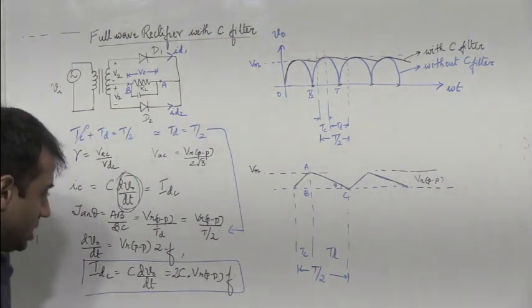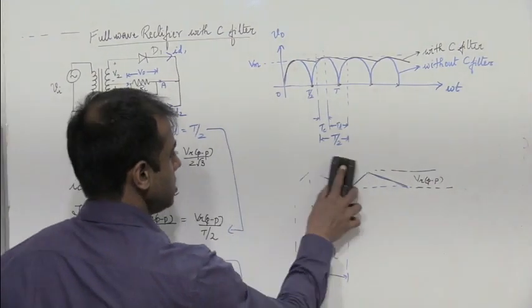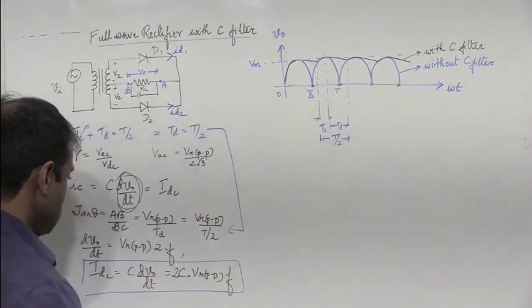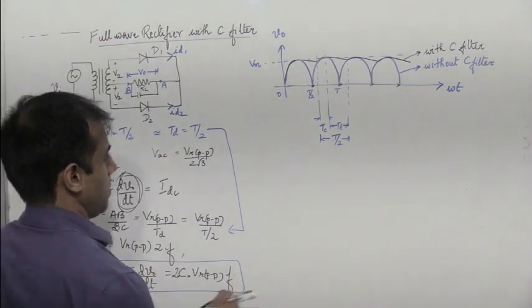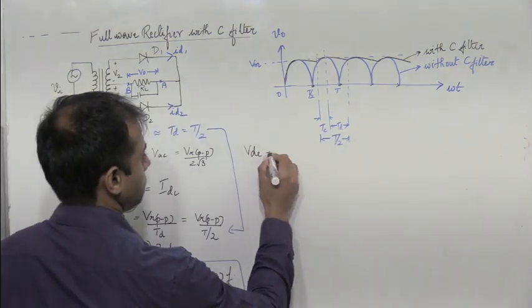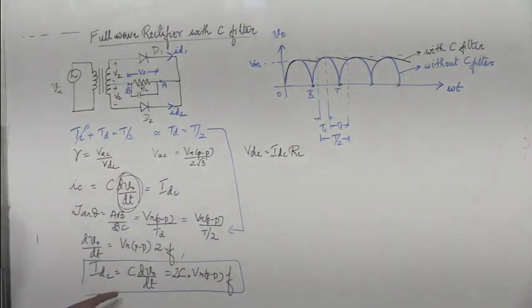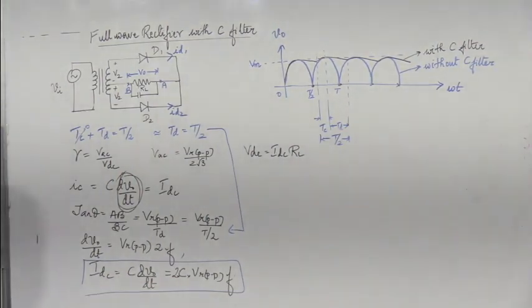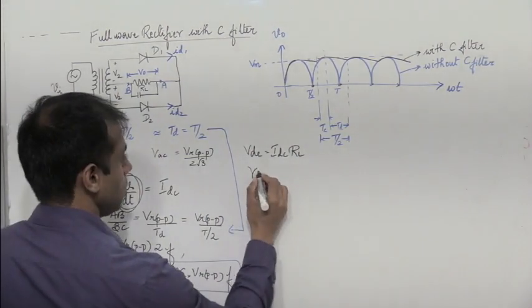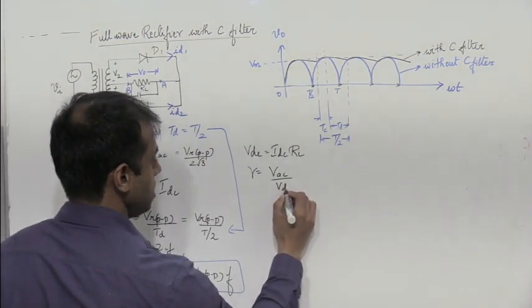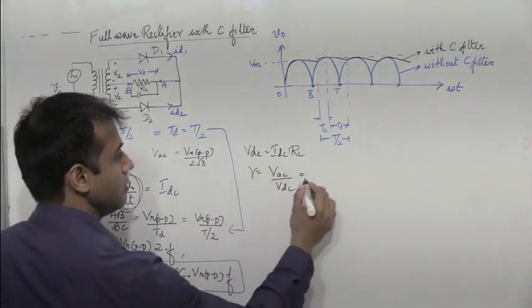So now what is VDC? So let me erase this. VDC is IDC into RL. And IDC is given by this expression here. So let us substitute. The ripple factor is VAC by VDC. What is VAC?